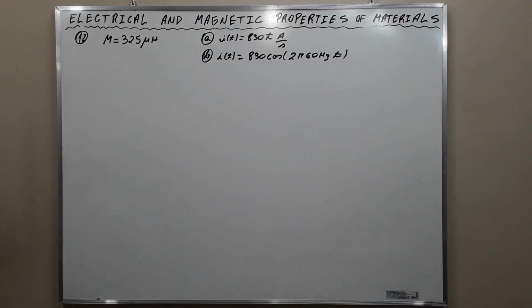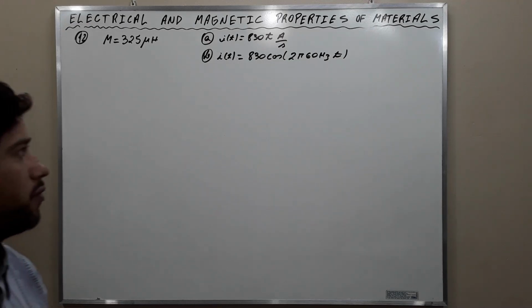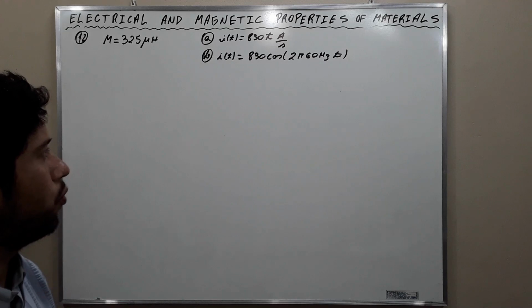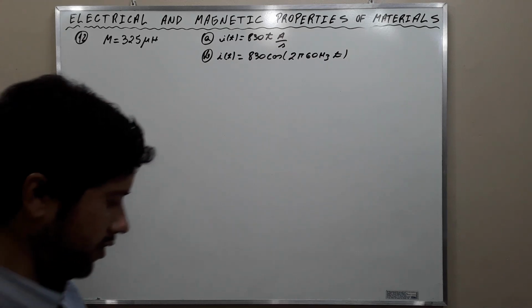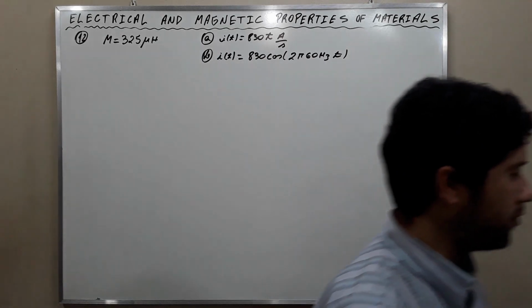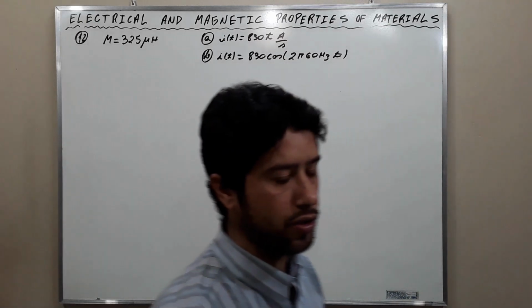And letter B, what would be the EMF if the current is 830 times the cosine 2 pi 60 hertz times t? Okay, my friends, this is the exercise. Let's go to the solution.